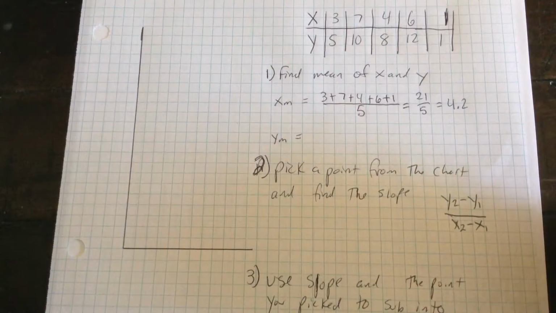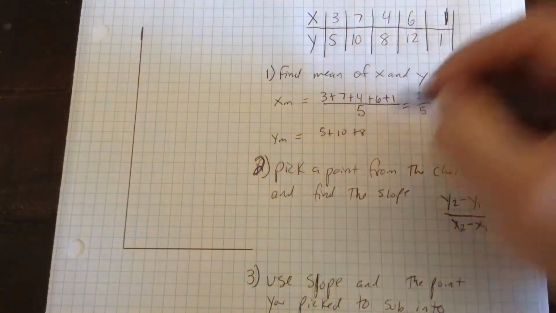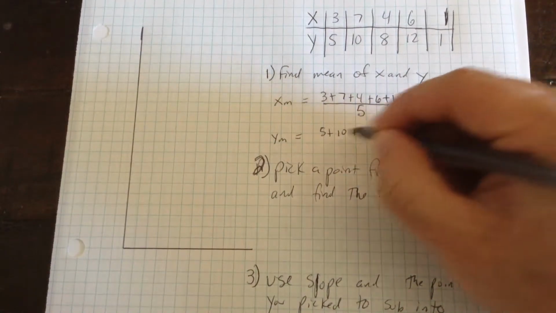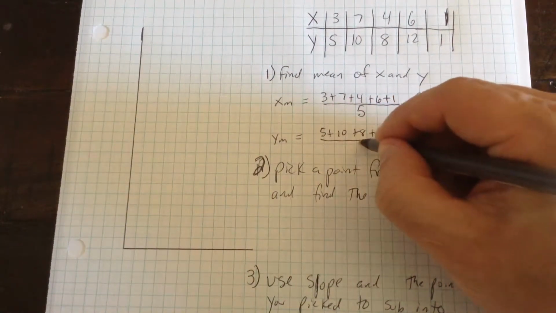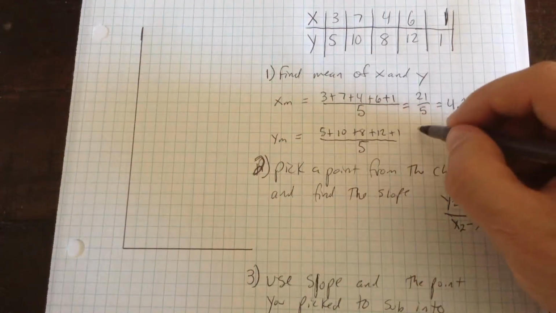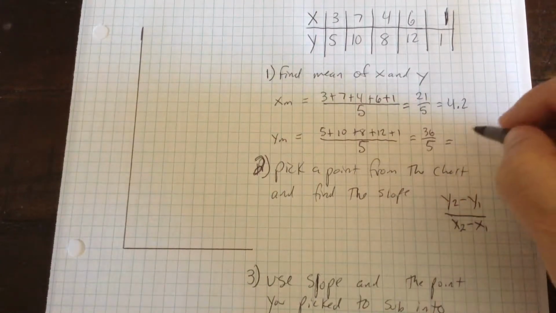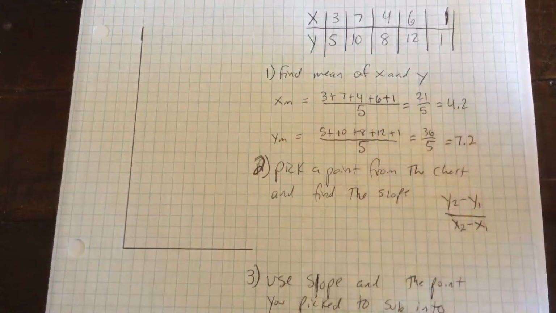Then I have 5 plus 10 plus 8 plus 12 plus 1, divided by 5. That gets me 36 divided by 5, which ends up being 7.2.